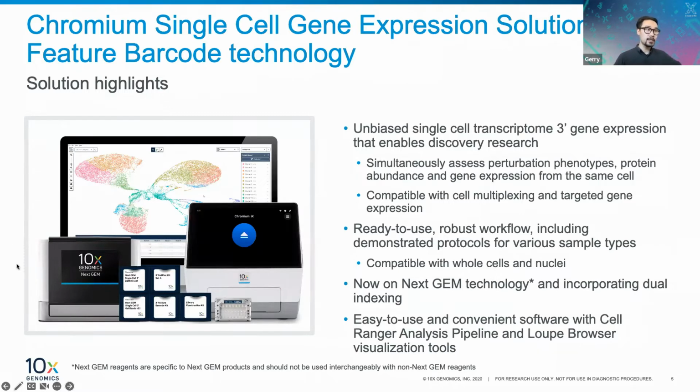The only difference in these instruments is the ability of the Chromium iX to perform some assays that the Chromium Controller can't. But in the case of 3' gene expression, it can all be performed on both instruments. And in the back here, you see an image of our Loupe Browser, which is our data visualization software.